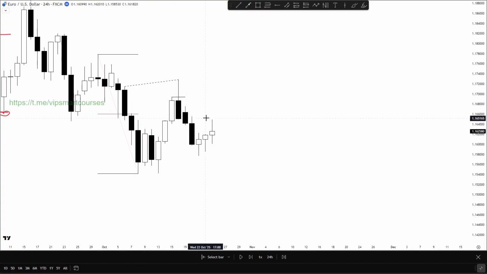Now for this week, the current and the most relevant daily range that I defined was this expansion move lower.